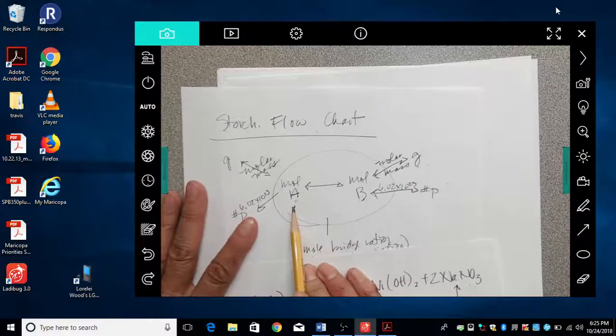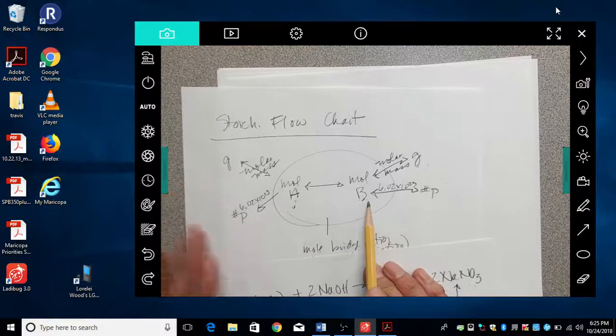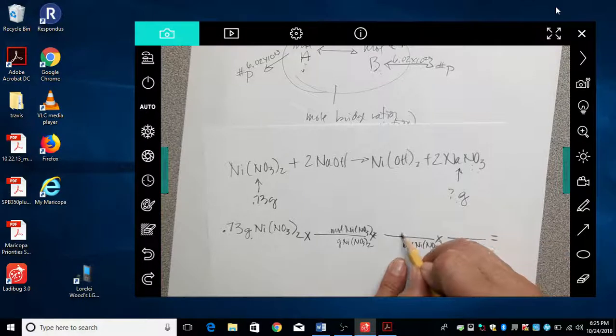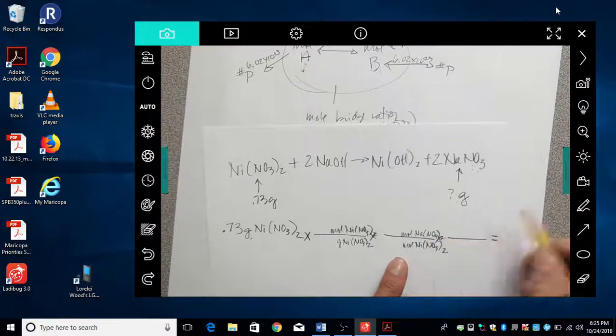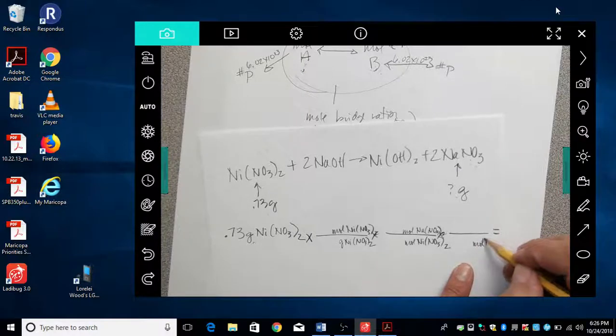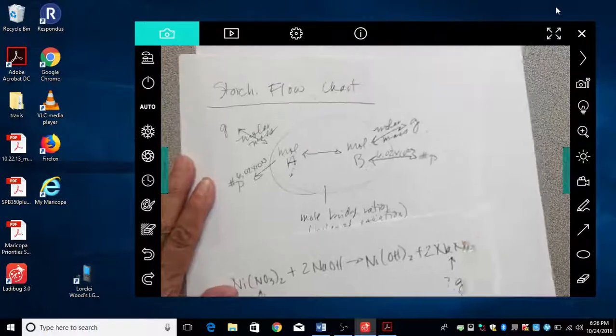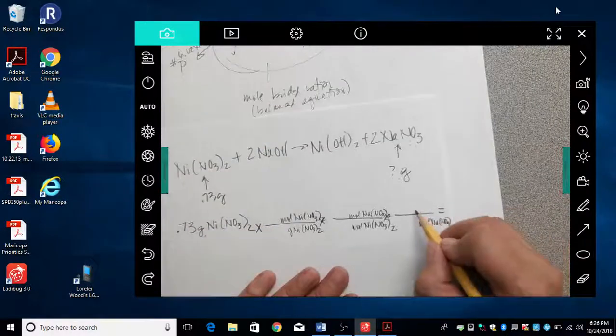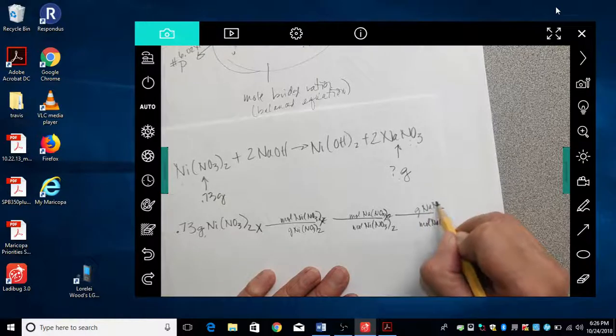I want to go from moles of nickel nitrate to moles of the second thing, in this case NaNO3. So moles of NaNO3. I'm going to move that to the bottom of my last conversion factor. Using my stoichiometry flow chart on here, I want to go to grams of NaNO3.